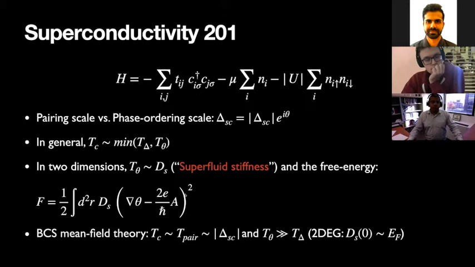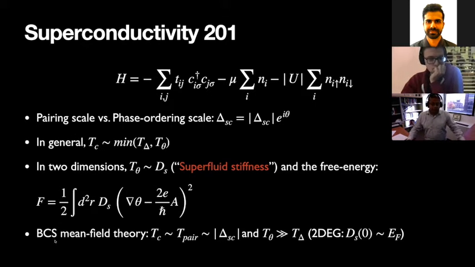Okay. And this is something that is directly measurable, because a superconductor exhibits the Meissner effect. So let's just think about a 3D superconductor for a second. Then this D_s is exactly related to London's penetration depth, which is responsible for the Meissner effect. So one can measure this quantity in the lab in principle.